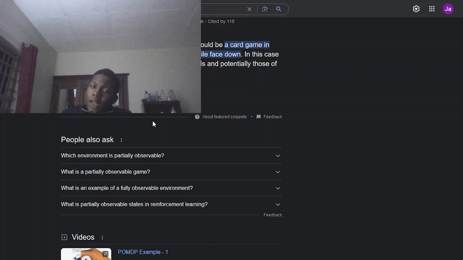Because I fill in the gaps with my memory, but I don't know for certain. I know it's there, but I don't know all the information about it. So I think that's what partially observable is. I know that it's present, but I don't know all the information about it for it to be fully observable.